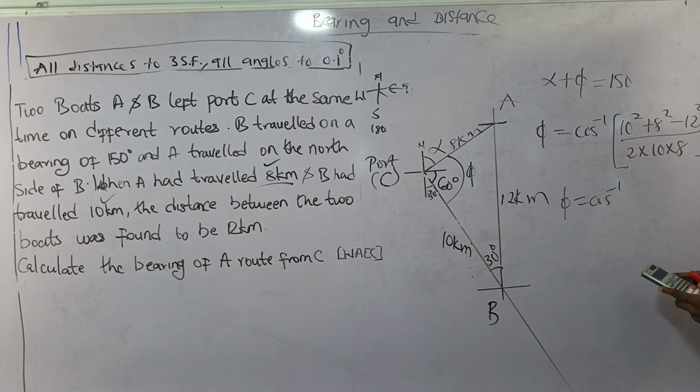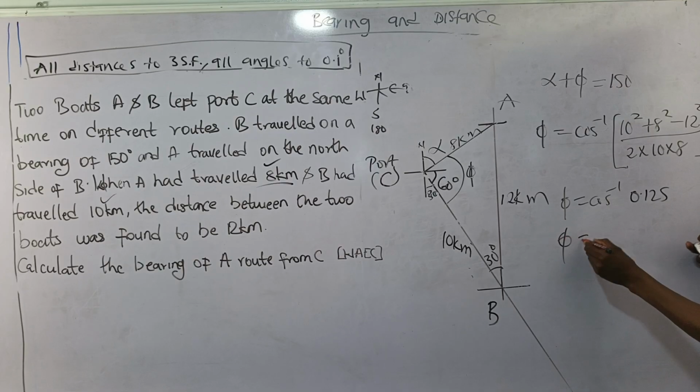Let me use my fraction: 10 squared plus 8 squared minus 12 squared, over 2 times 10 times 8. This will give me 0.125.